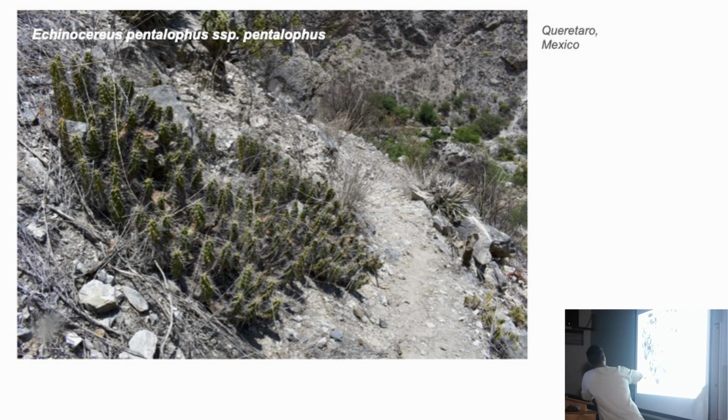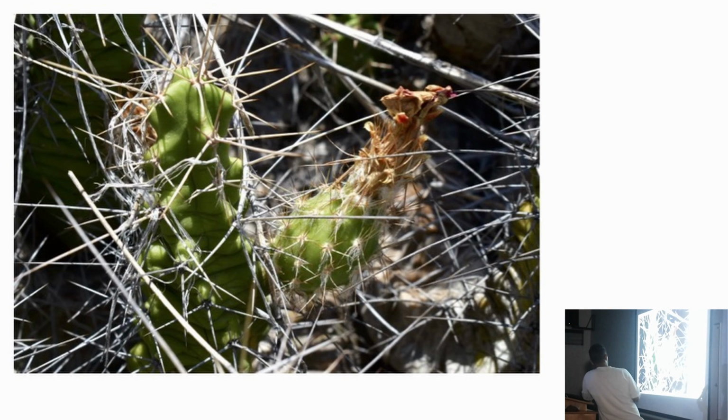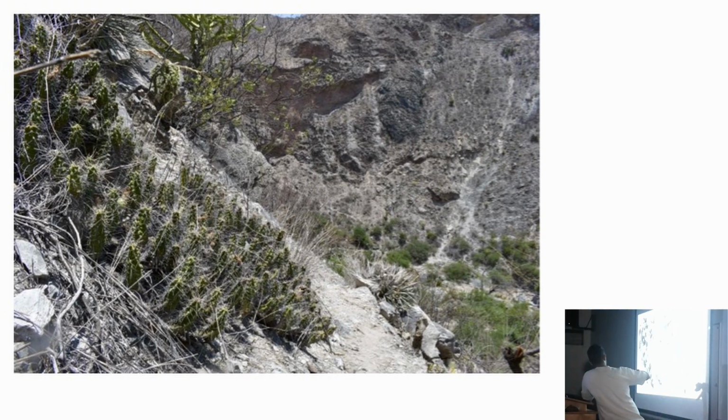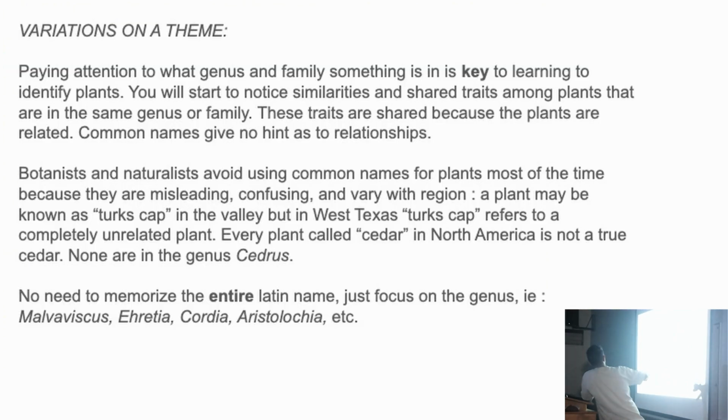This was grown with the false peyote and the Strombocactus. I had no idea. I mean, I saw it and I was like, what is this? This is pentalophus? Okay, it looks slightly like it, but confirmed by molecular work, they're more closely related to each other than anything else. So variations on the theme.